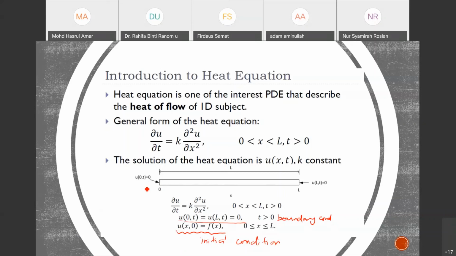We can simply change that. And U(x,0) equals f(x), where f(x) can be an exponential function, a trigonometric function, or a polynomial function. With U(x,0) equals f(x), the initial condition, this is where you are going to see Fourier series.